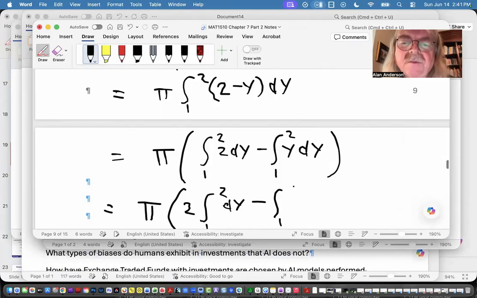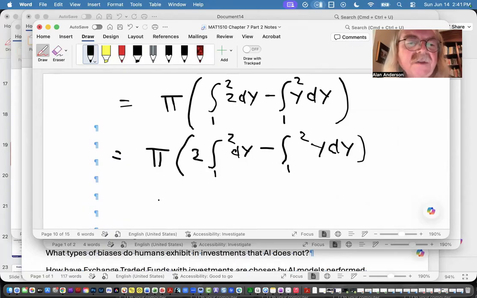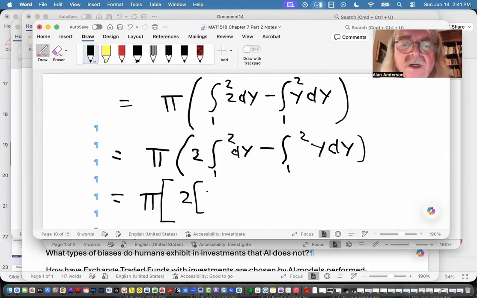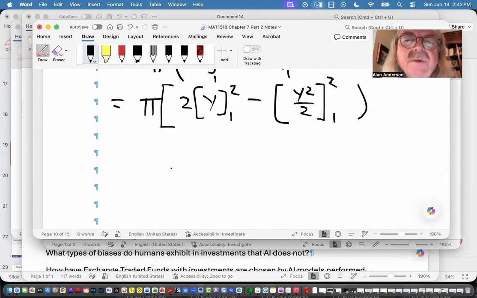It just makes things so much simpler. All right, now what does that leave us with? So we got 2. Now when you integrate dy, it just becomes y. And of course, the integral of y is y squared over 2. All right, so let's keep evaluating it.